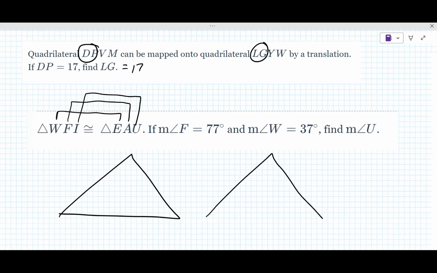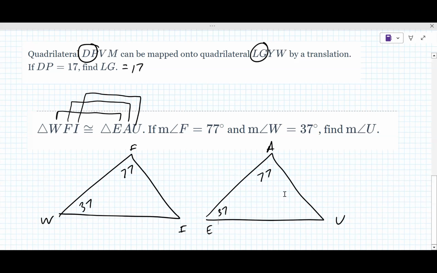But remember, this is a triangle, so you have 2 of the 3 angles: W, F, E, A, U. F is 77, A is 77, W is 37, E is 37. So you can find angle U because it's the third angle in the triangle. All the angles add up to 180. If you've got a calculator handy, why don't you calculate angle U for us, please?